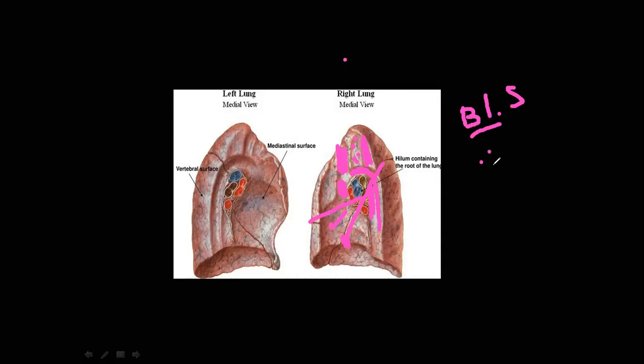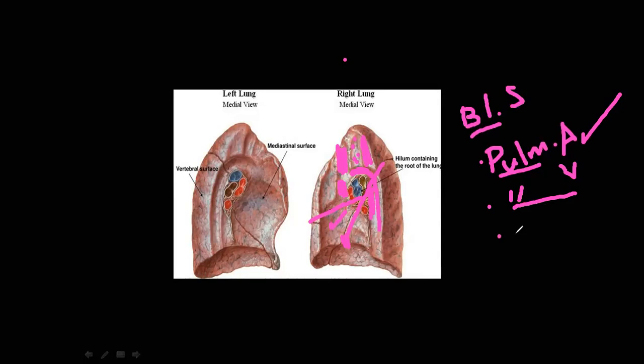Yes. Pulmonary arteries first. Remember the content of the hilum, pulmonary artery. Oxygenated or deoxygenated blood? Deoxygenated. Pulmonary veins, oxygenated blood. We have two veins, upper and lower, terminating in the left atrium, as we said before.